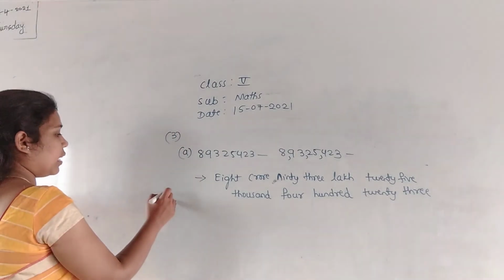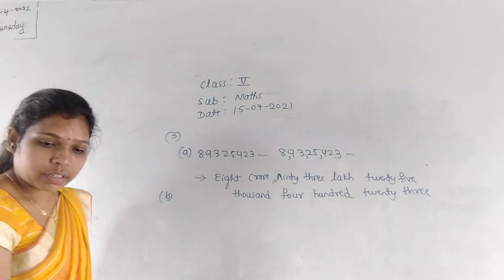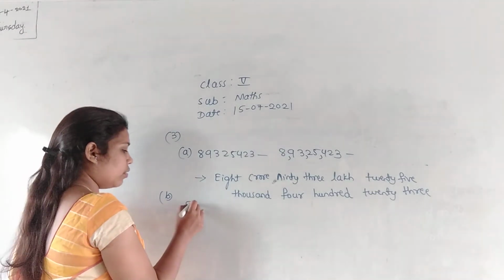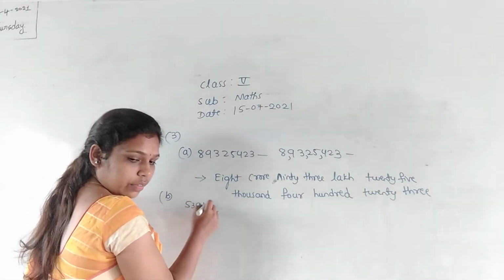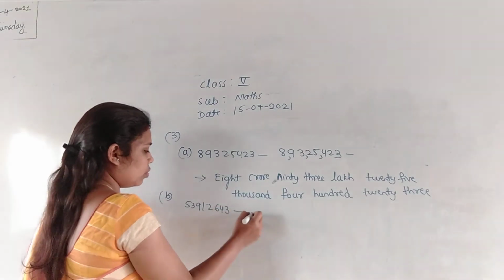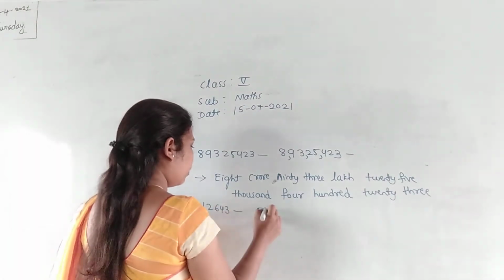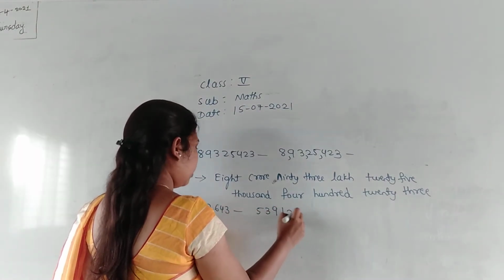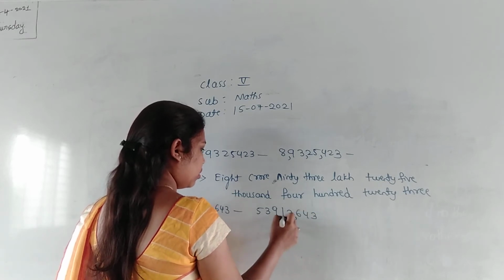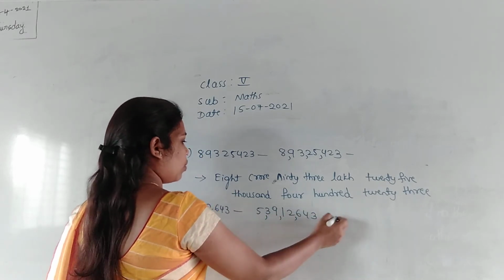Okay. So we'll write the next one now. What is the next one here? 53912643 is there. So here write 12,643. Okay. So now write the number name.